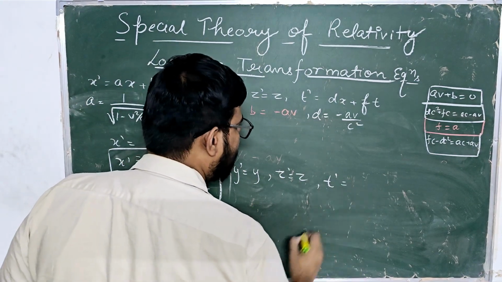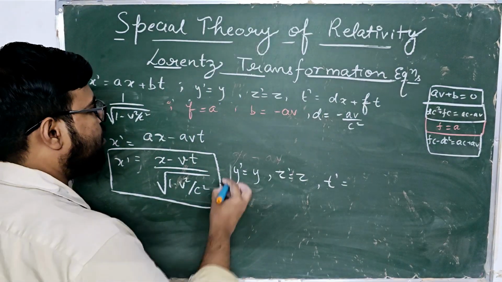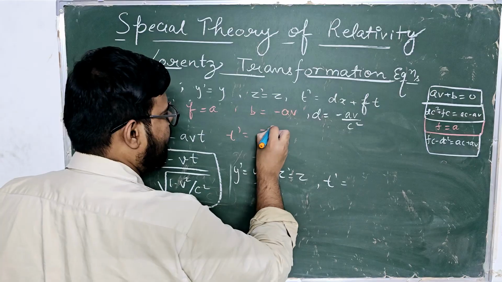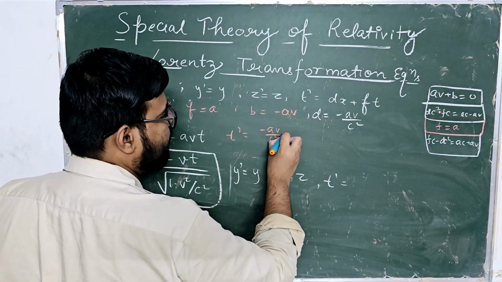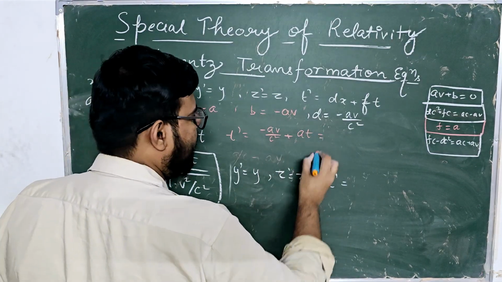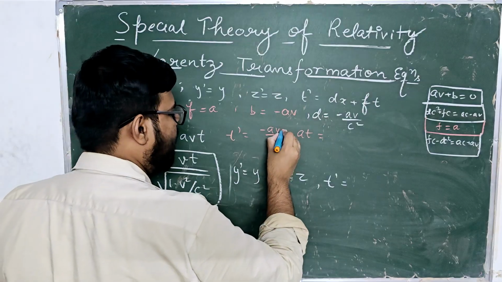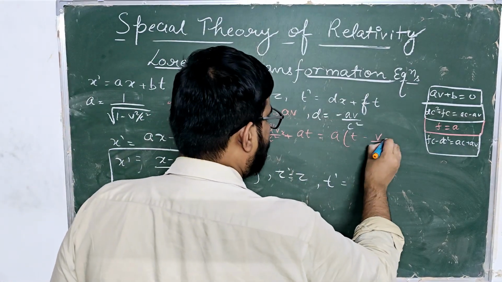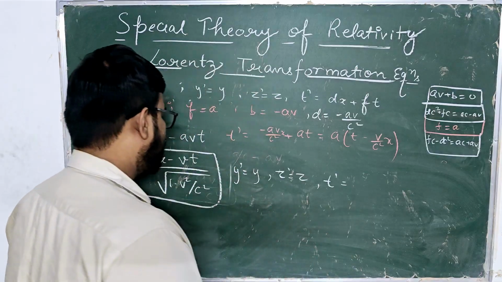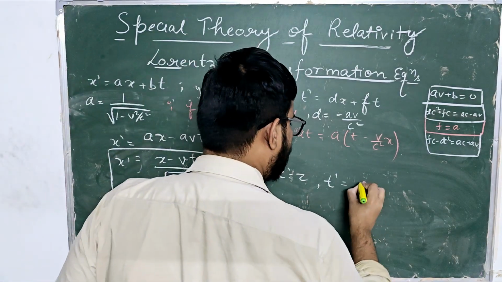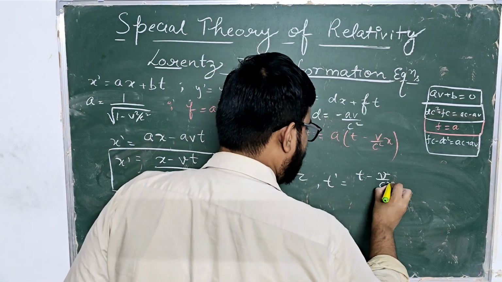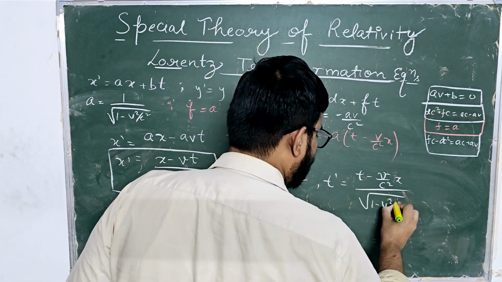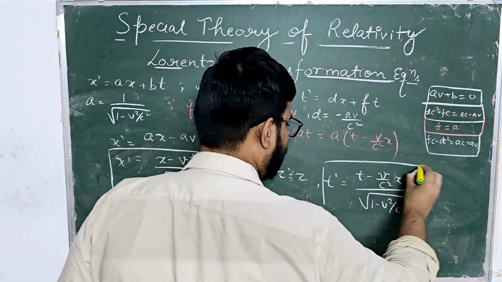And let's solve for t prime also. So t prime is equal to d, negative av by c square, x plus at, so you can take a as common, t minus v by c square x. So you get t prime is equal to t minus v by c square x by square root 1 minus v square by c square.